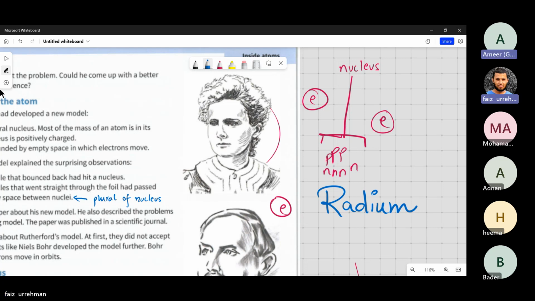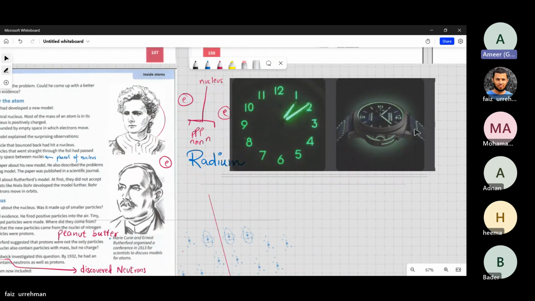Yes, it happens like the electrons and protons from the fluorescent screen, so it will light up green.